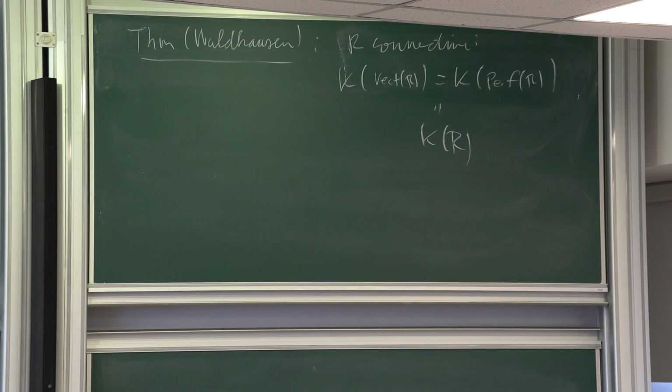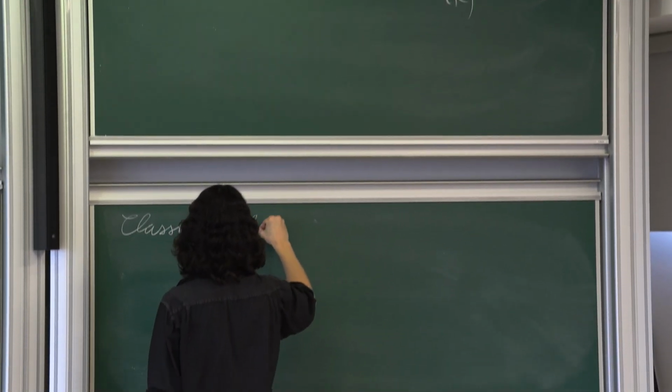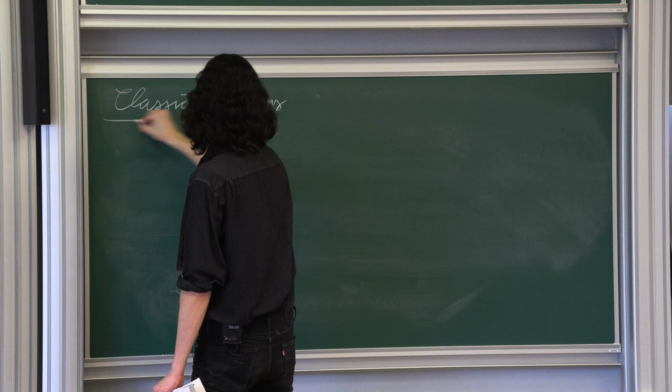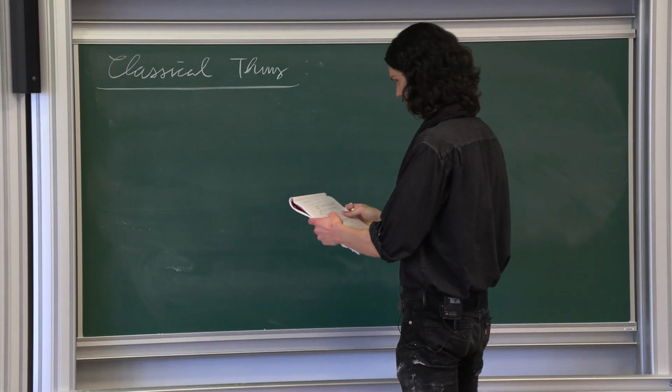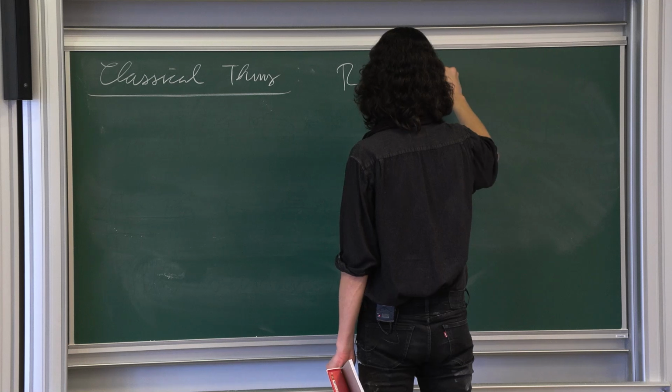Right. So now let me state some classical theorems about algebraic K-theory. So R will be an ordinary ring. I'm saying classical.